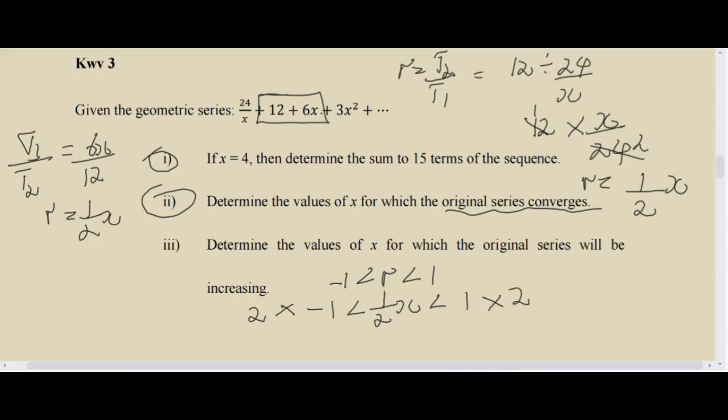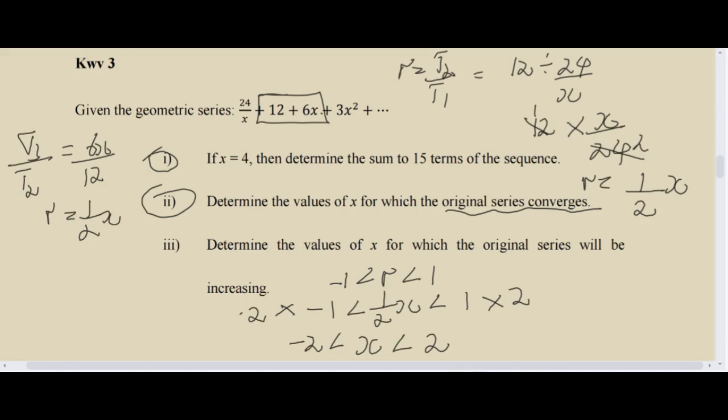So 2 times -1 is -2, the 2 will multiply with this half x, so you are left with x, and 1 times 2 is 2. So in order for this series to be convergent, your x value must be between -2 and +2. So x must be an element of -2 to +2, so that your series is convergent.